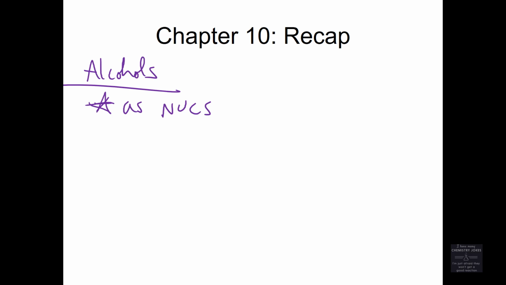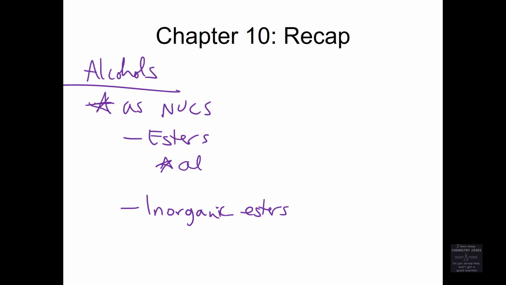We saw 2 functional groups get made with alcohols as nucleophiles. We saw esters be made, as in organic esters, and we saw inorganic esters be made. In order to make an ester, the reagents were alcohol.